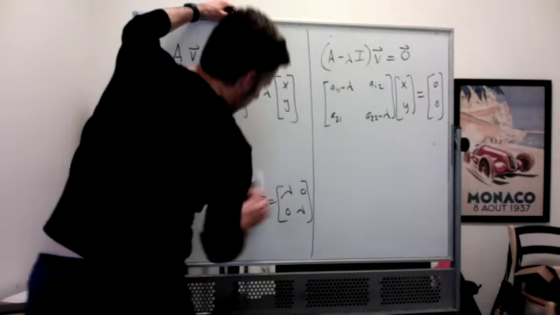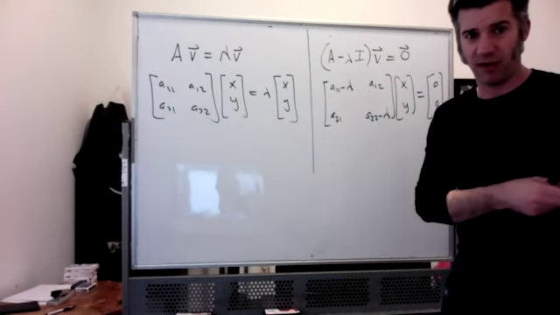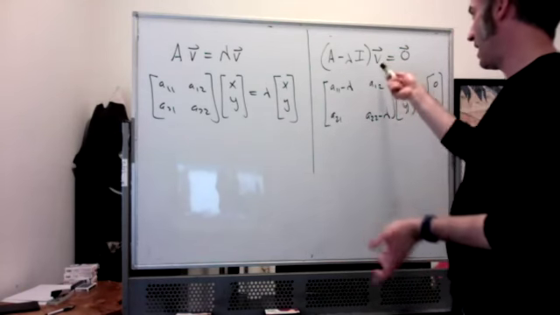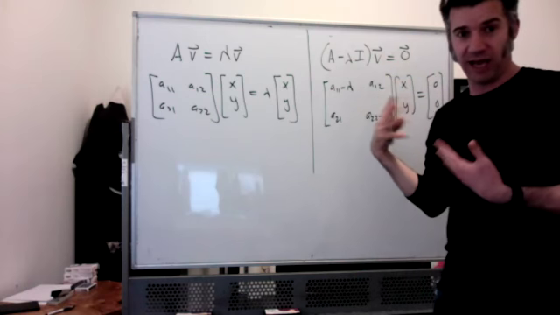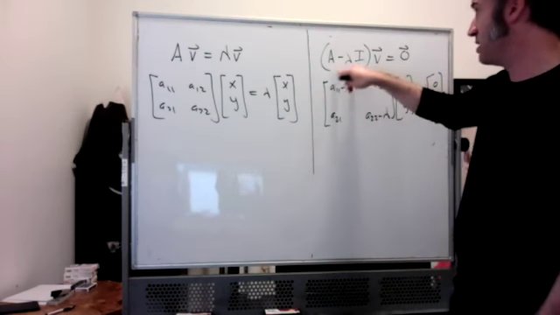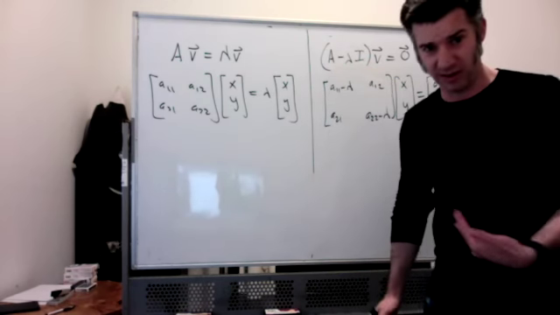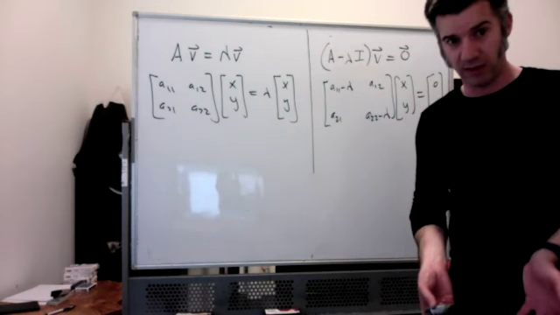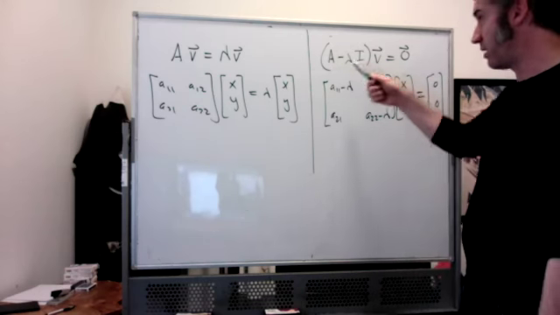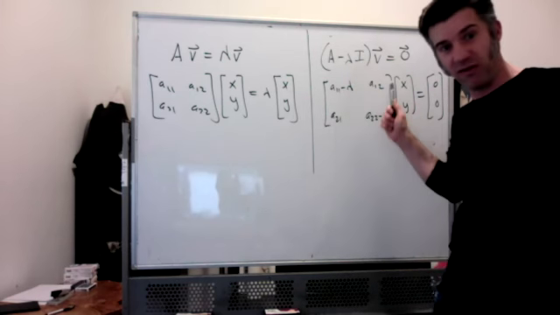But the reason you might do it this way is because people do talk about how the eigenvectors are in the null space of this matrix. I know we haven't talked about the null space. That's not something we usually talk about in this class. The null space of a matrix is the set of all vectors that if you multiply your matrix by that vector, you get the 0 vector.